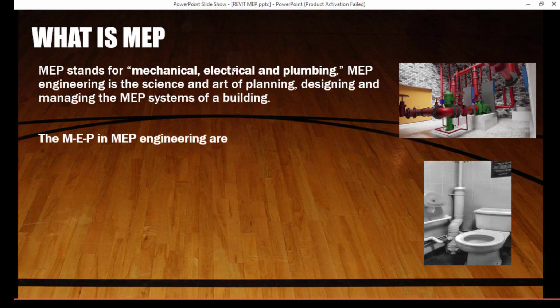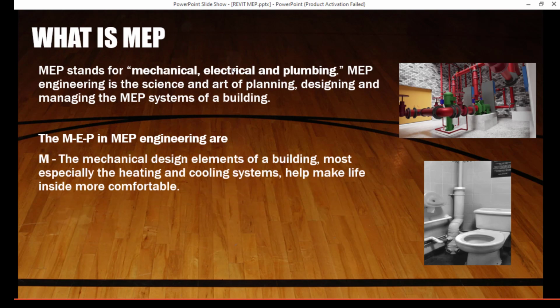So let's move on to the other points so that we have more explanation on MEP: what the mechanical talks about, what the electrical talks about, and also what the plumbing talks about. In MEP engineering, the M stands for the mechanical design element of a building, most especially the heating and cooling systems that make life inside more comfortable.